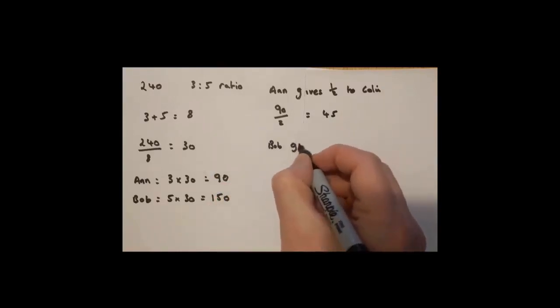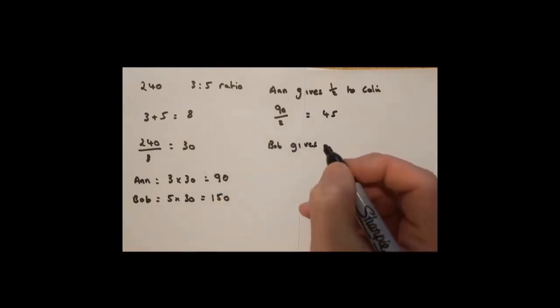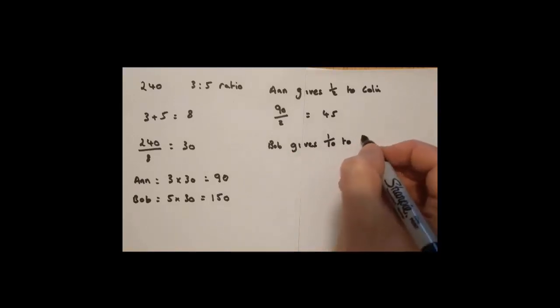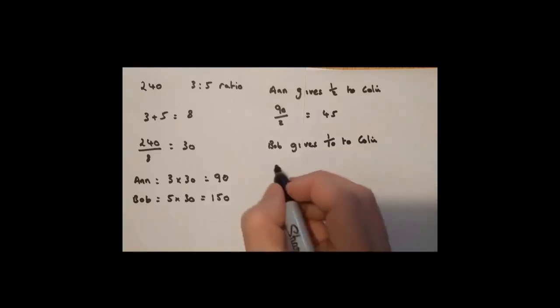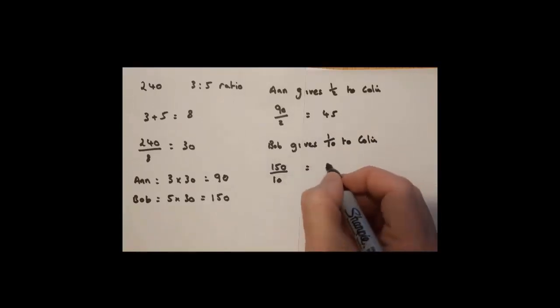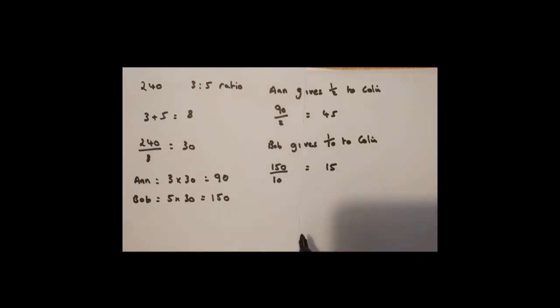And Bob gives away a tenth to Colin, and to calculate that we do 150 divided by 10, which gives us 15. So Colin gets 45 plus 15, which is 60.